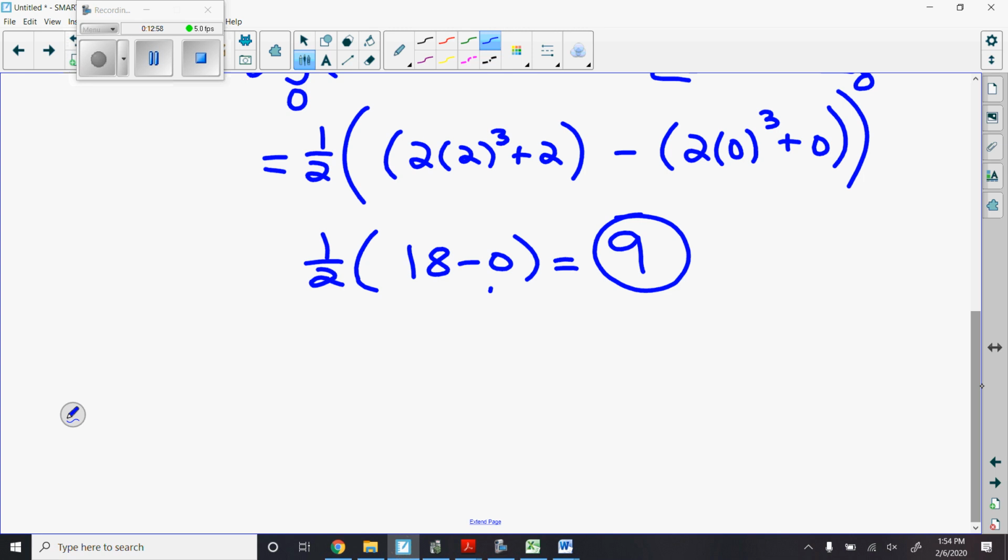The other thing that I'm going to do is an example, and it's going to be a calculator problem.